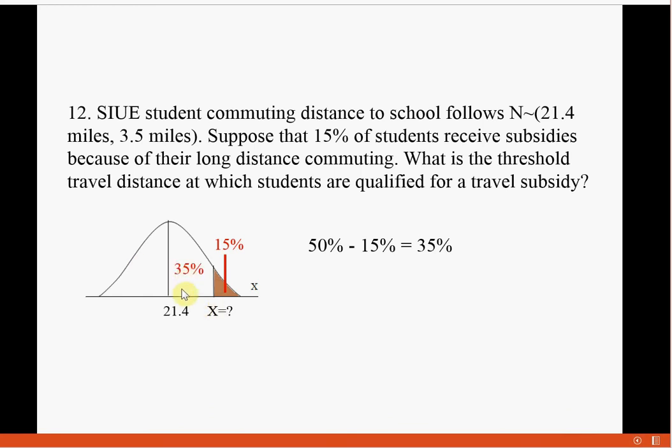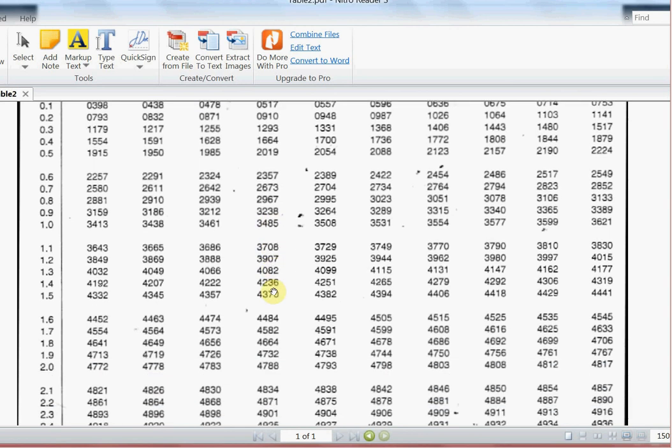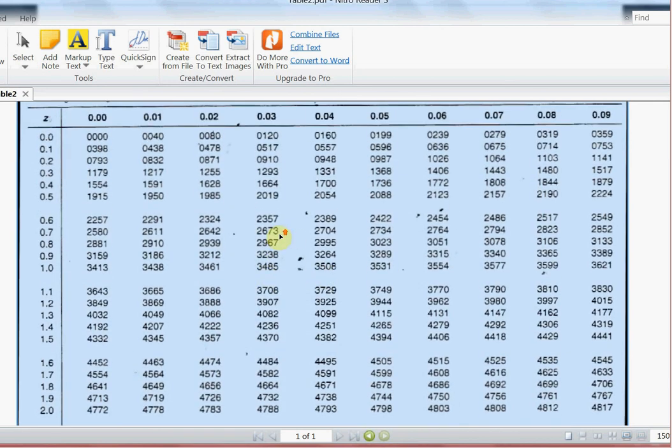Now we take 35%, go to the normal table, and find a value closest to 35%. We have 34.85 and 35.08. You can use either one. I may have used 35.08.